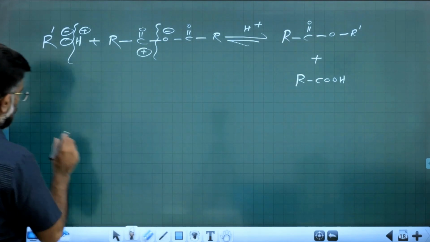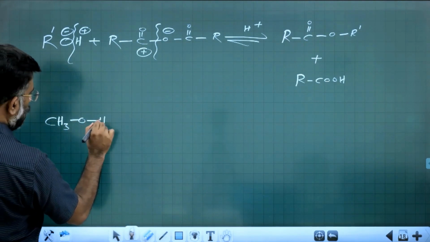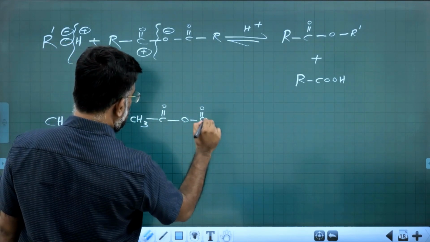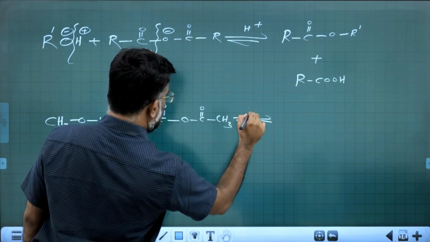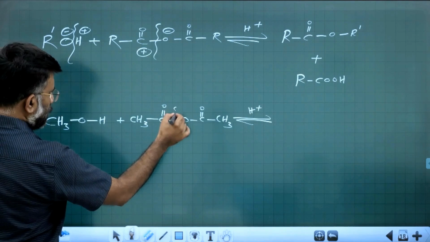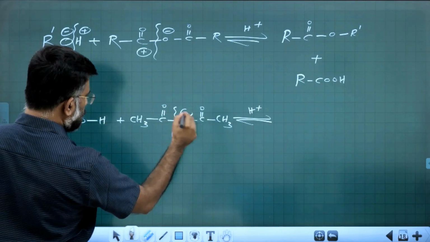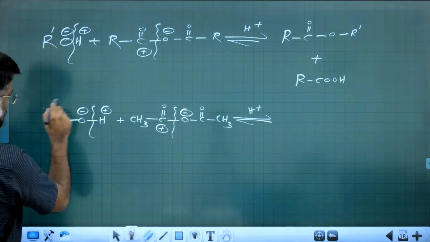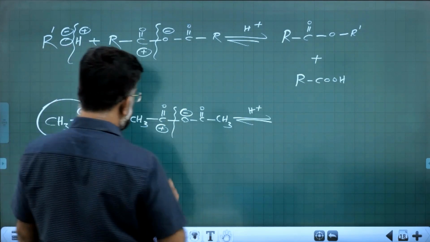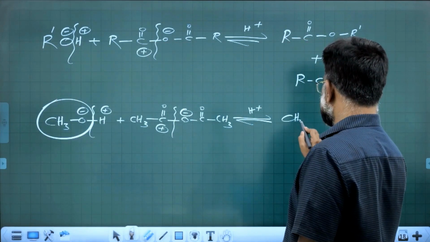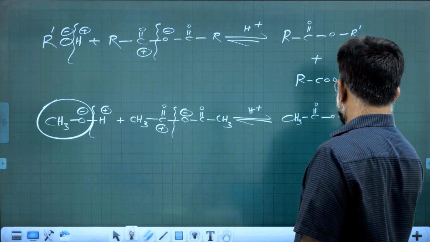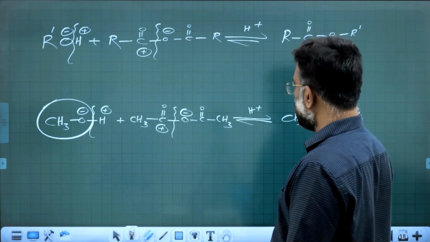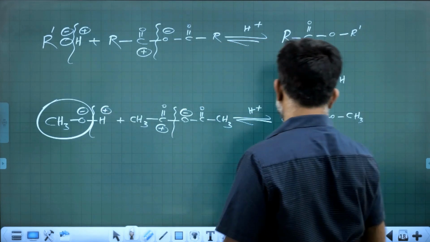Say for example, if you are dealing with CH3OH with acetic anhydride. Just assume it's going to break here, no problem. So this is minus and this is plus. This entire CH3O minus will be getting connected to this part, and the result will be CH3COOCH3, methyl acetate or methyl ethanoate, and the rest part CH3COOH, acetic acid.